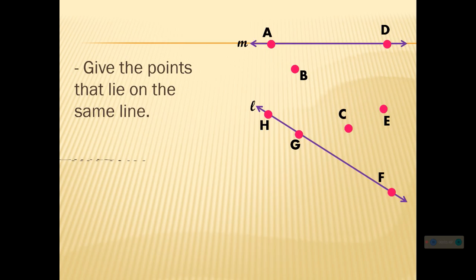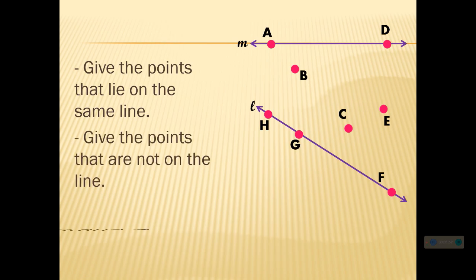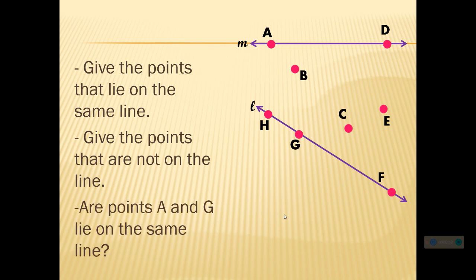You're right. We have points A and D, and the other set is points F, G, and H. That's correct. Next, give the points that are not on the line. We have point B, point C, and point E. Are points A and G on the same line?